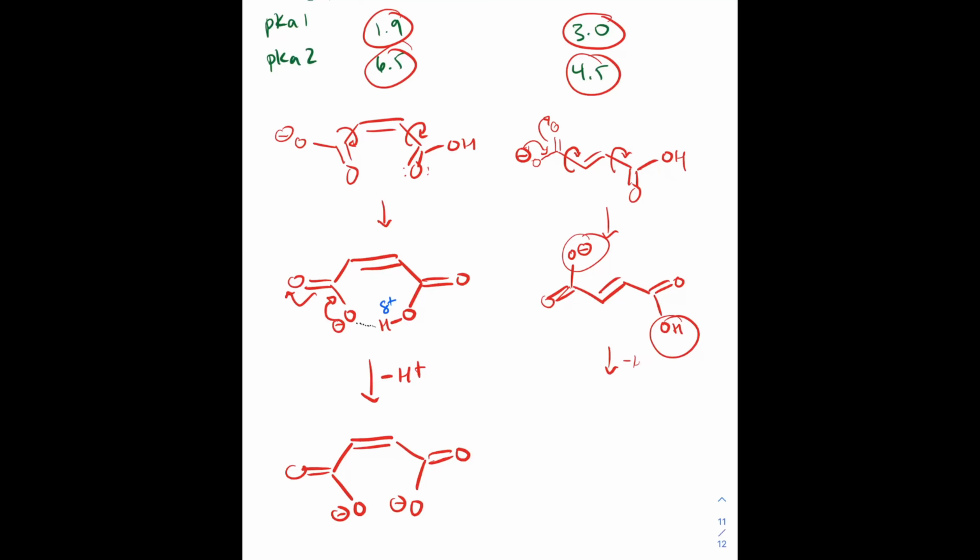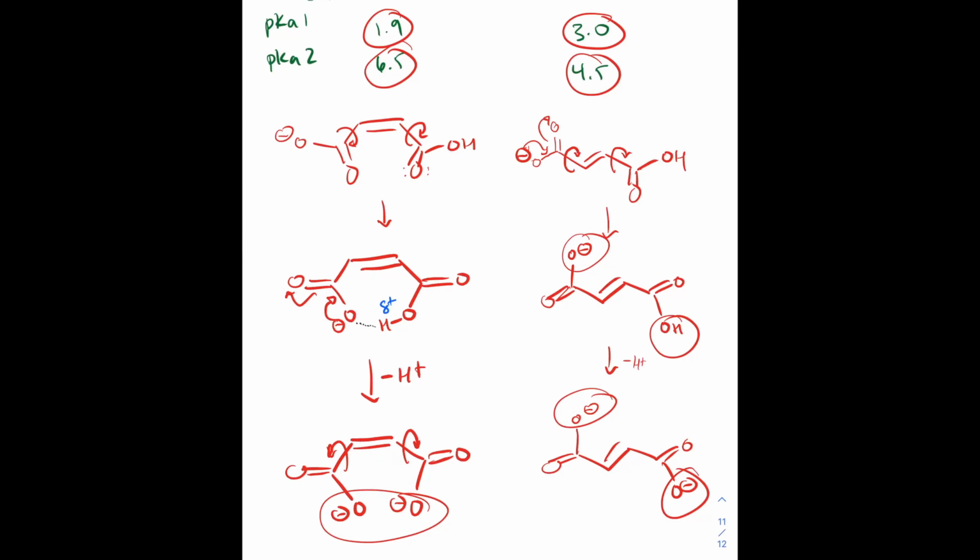And then if you go here, we'll do a minus H plus. We can leave this one however we want. And those negative charges are nowhere near one another, whereas this one, remember, anytime you have molecules, there's always going to be bond rotation.